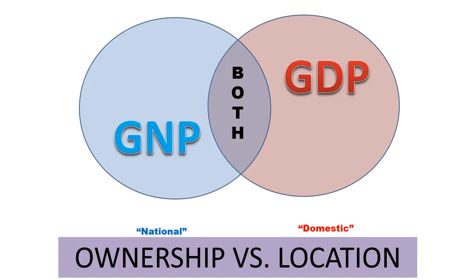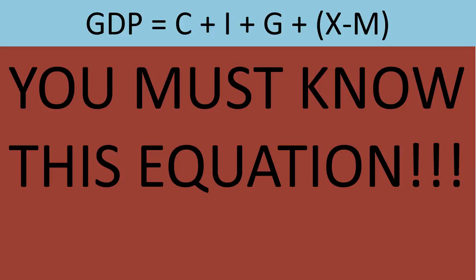GNP would be something like Kia. They're a car company. They are from Korea, but if they produce things in the United States, they would be part of Korea's GNP, but they'd be part of America's GDP. So you want to make sure that you understand where the company is from and where they're actually producing the good.